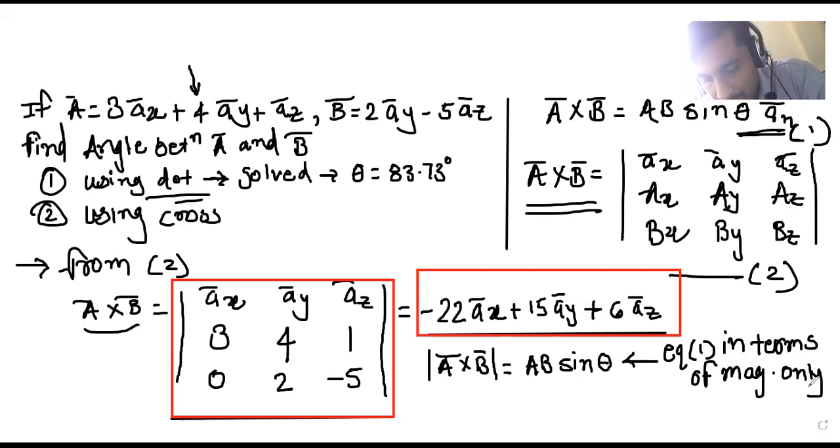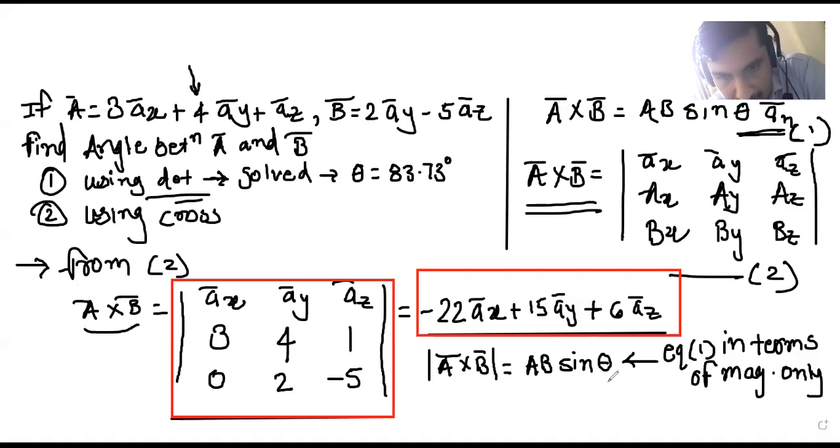Now can someone tell me what would be the next step to find theta? So we have to find the magnitude of that minus 22 a bar x equation. Correct. And then we have to put the values in that last equation, and we will get the value of theta.